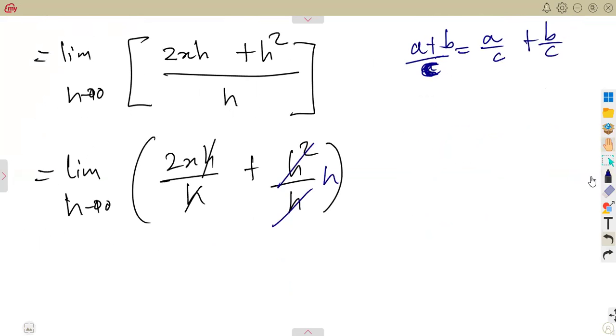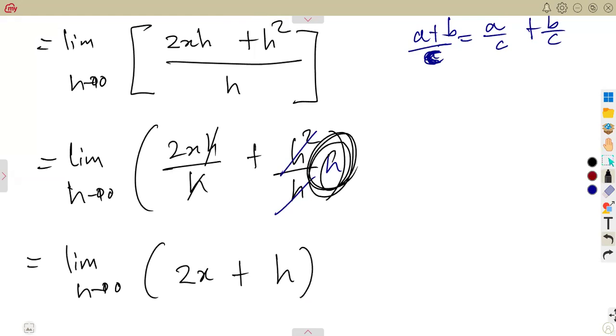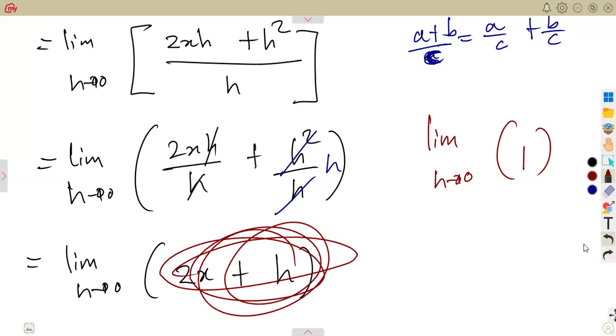So I want you to see what is happening, which is different from the previous condition that we had. This is going to give us 2x plus h. Remember there, we are remaining with h. In the previous case that we had, we were limited to a condition where we do not have anything left with h, and on that condition, you just have to take the number that you're given as it is. But in this case, there is h.